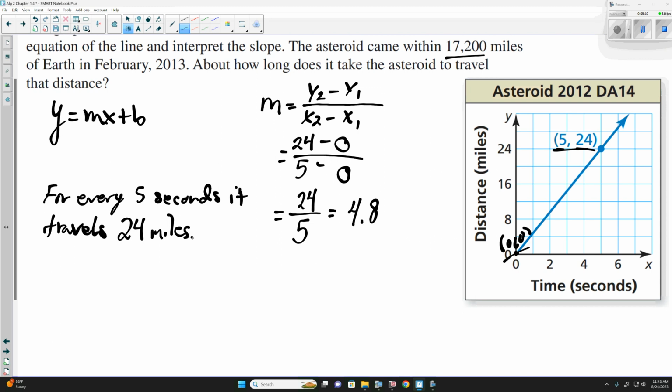Now we could use the 4.8, but 4.8 is for every second because we simplified it down. So for every second, it's traveling 4.8 miles. But for every 5 seconds, it's traveling 24. Either one works, as long as you get the units matched up correctly. Because if you said for every 5 seconds it travels 4.8 miles, that wouldn't be correct. But if we said for every second it travels 4.8 miles, that would be correct.